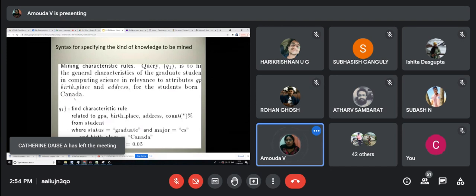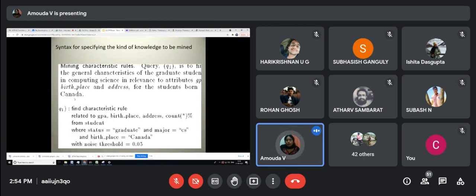They are asking for the general characteristics of the graduate student. There will be undergraduate students, there will be research scholars and graduate students. So they are mentioning, we want to know the general characteristics of the graduate students who are there in computing science. So what attributes need to be selected to see the general characteristics of the graduate students doing computing science?